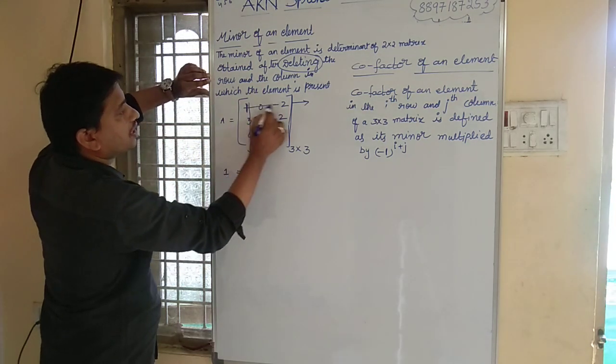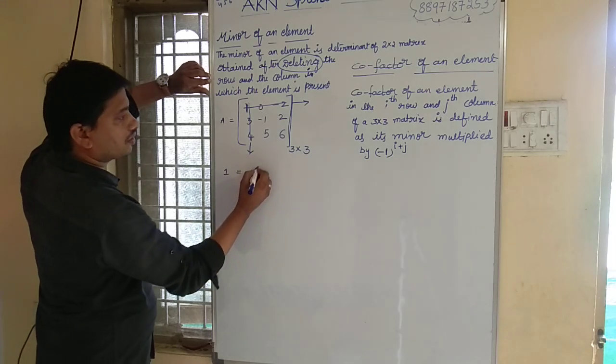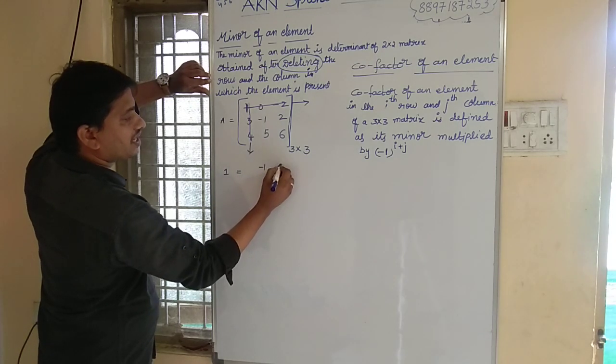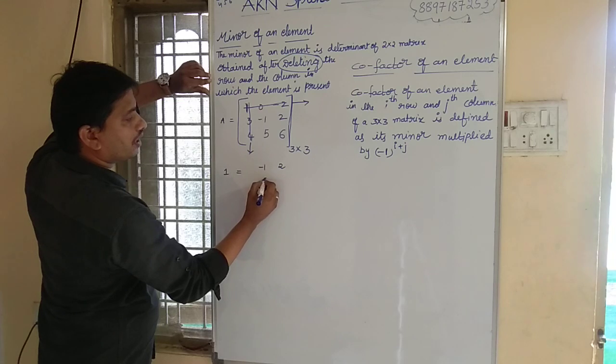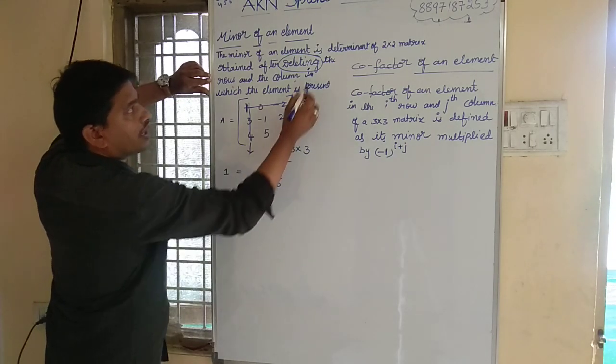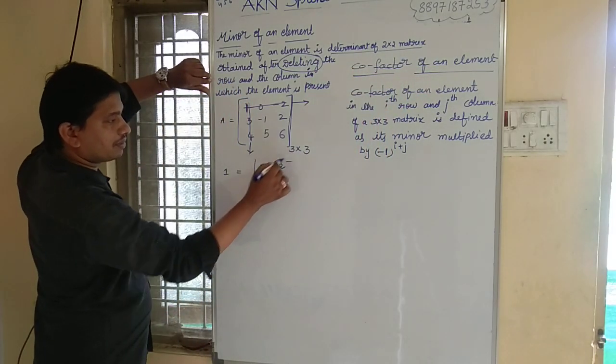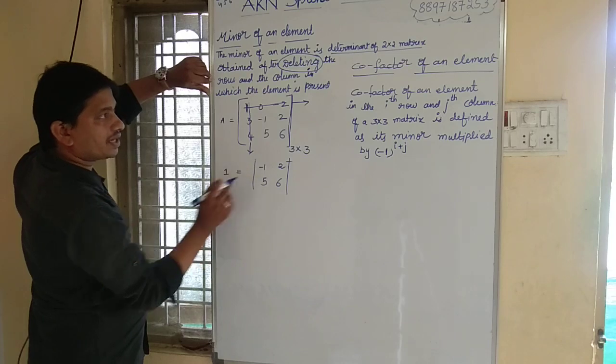You delete this and you delete this. So we got -1, 2, 5, 6, which is a 2 by 2 matrix. We need its determinant.